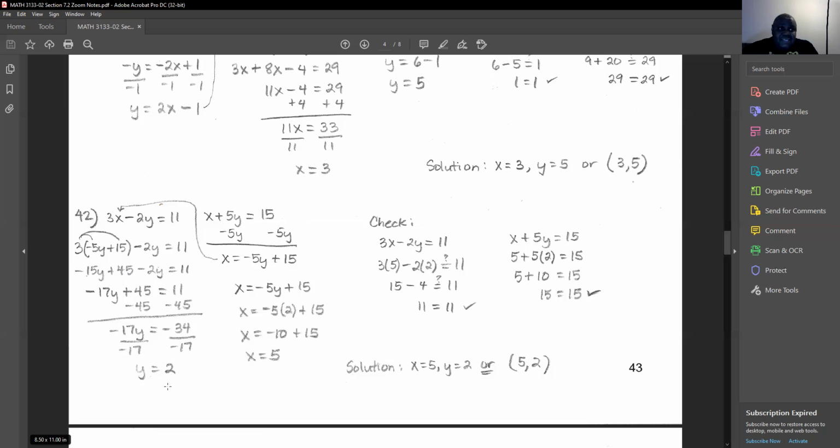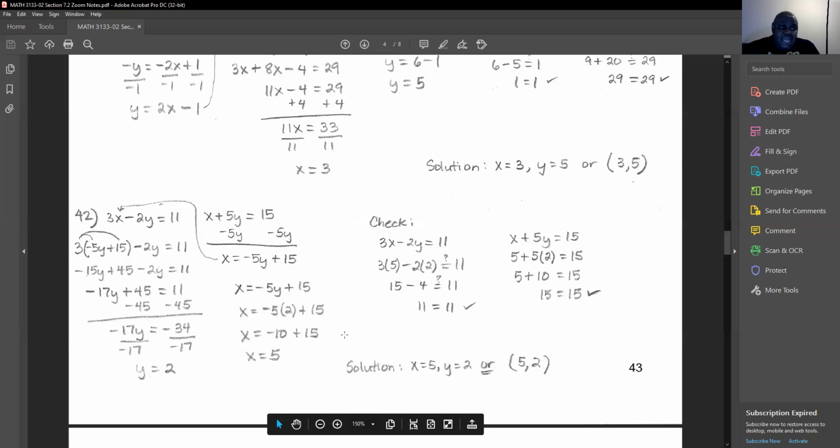We only know y is equal to 2, but we need to find out what x is as well. Let's use x equals negative 5y plus 15 and replace the y with 2. So x is equal to negative 5 times 2 plus 15. Negative 5 times 2 is negative 10, and negative 10 plus 15 is 5. So x is equal to 5.